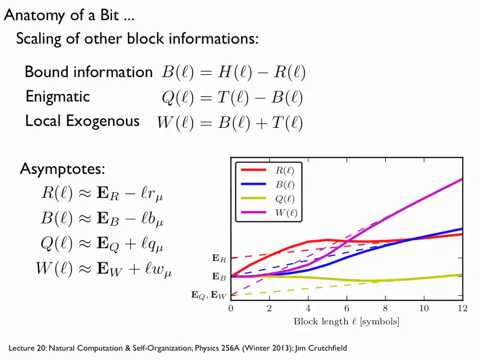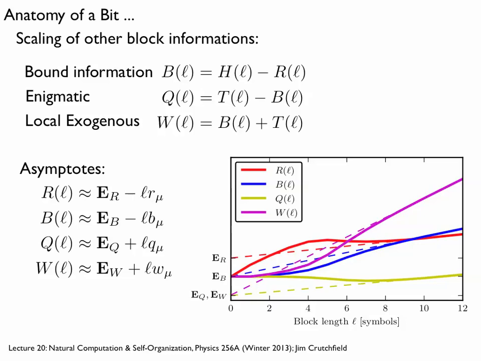But in the block, time series setting, we end up with these block versions of these n-variable quantities, and then it's just a little bit of algebra based on their definitions. Basically, just information identities again. So you can show that the block bound information is the block entropy minus the residual entropy.